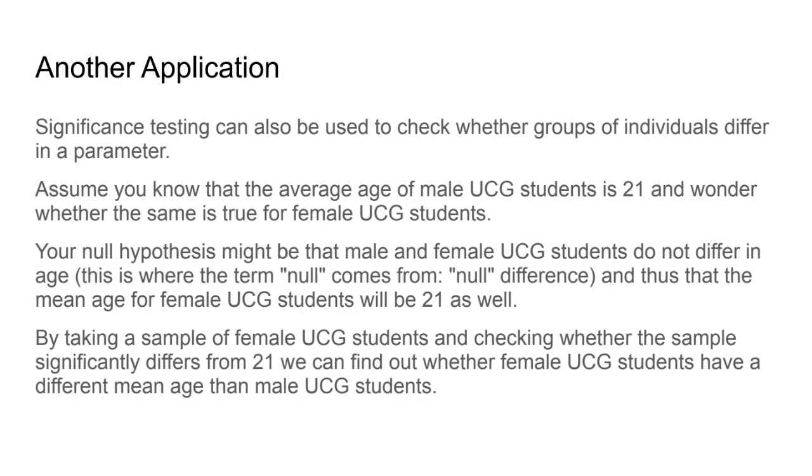And if it doesn't count significantly against the null hypothesis, then we would say the null hypothesis cannot be rejected, or we continue to believe in the null hypothesis that being male or female does not have any influence on what your age is as a UCG student.